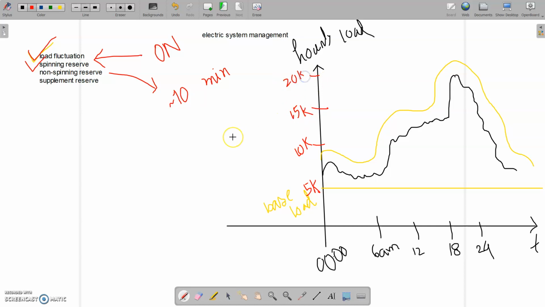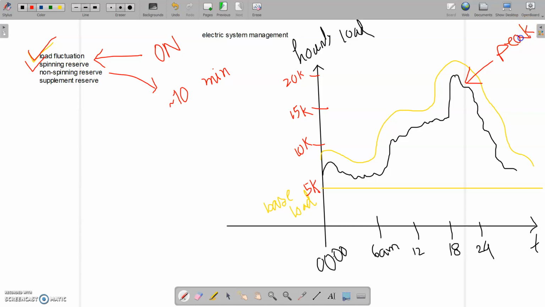So in terms of daytime, at this hour the load is very low, you only need 5 kilowatt. But suddenly in the evening, on the same day, you need almost 20 kilowatt of power. That's a huge variation. This is called a peak.